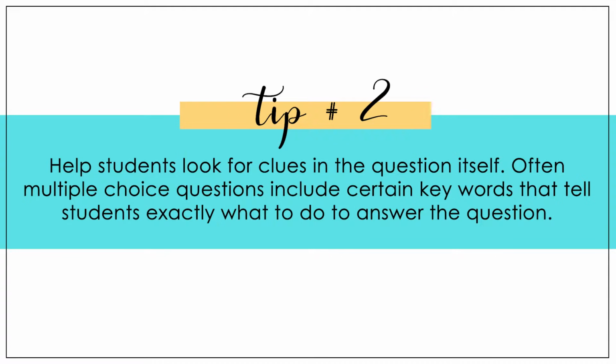Tip number 2, help students look for clues in the question itself. So often, multiple choice questions include certain keywords that tell students exactly what to do to answer the question. These are known as direction words. Once students better understand these, they are well on their way to acing those multiple choice tests.